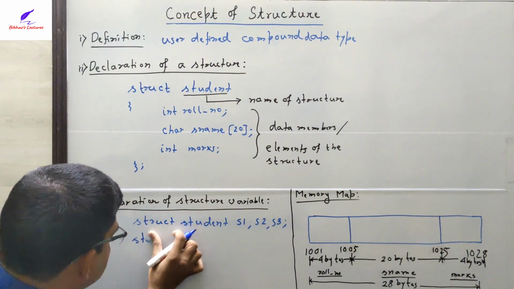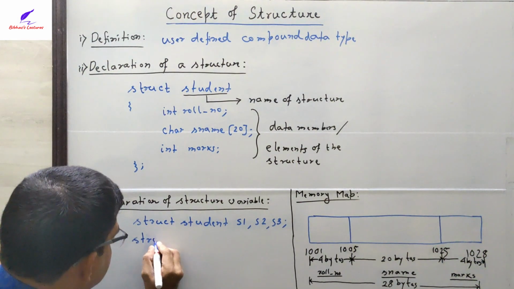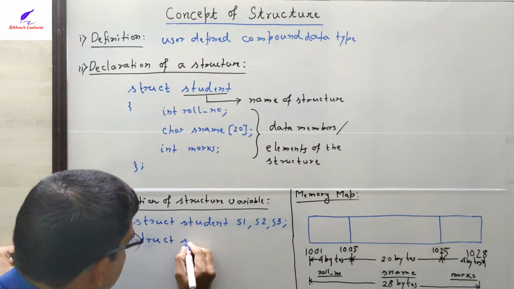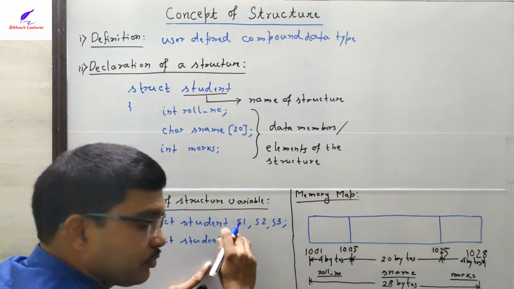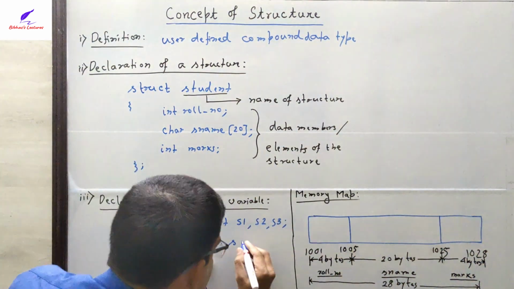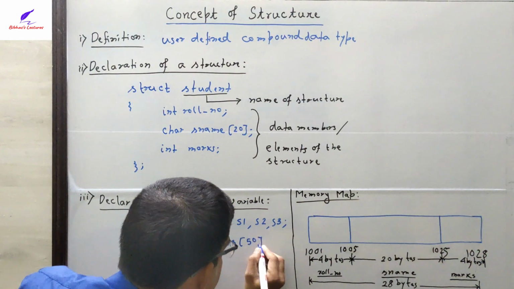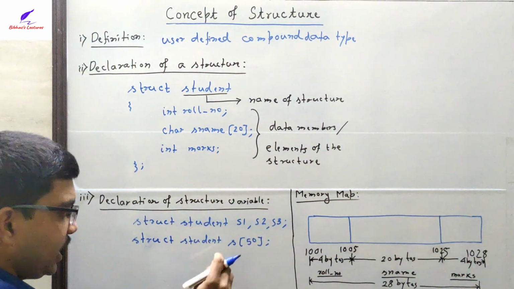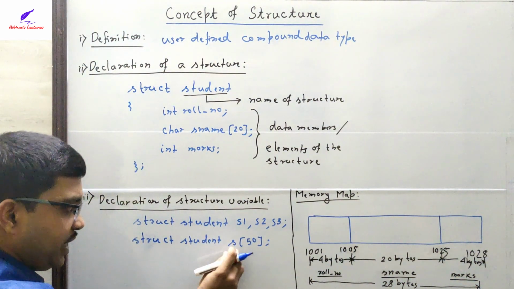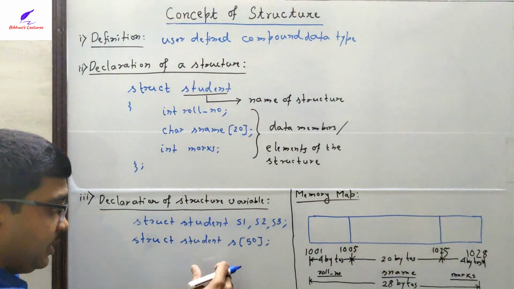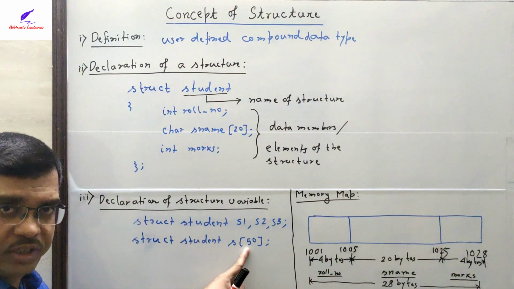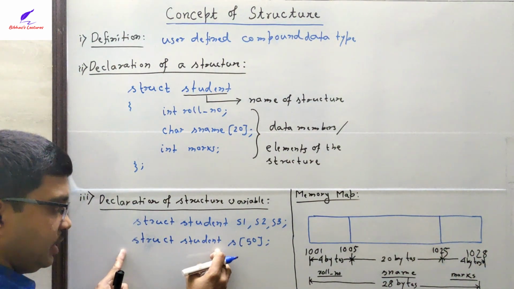We have to write the same syntax, that is struct student, and then instead of writing S1, S2 up to S50, we will just write S[50]. Here S is an array of structure, or structured array, which can contain 50 structure variables of struct student type.